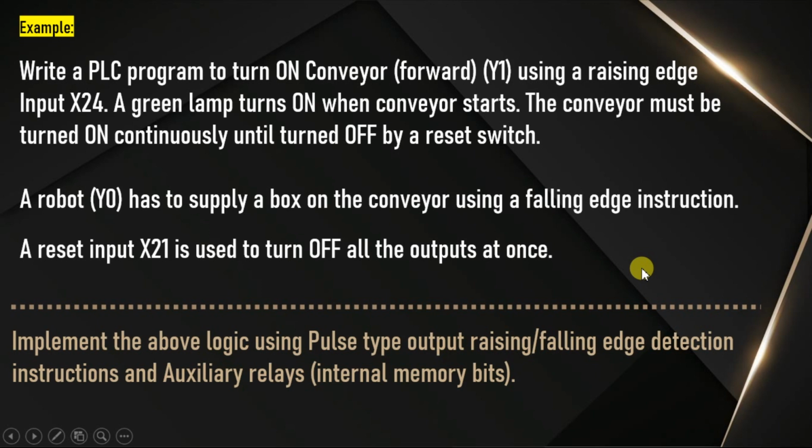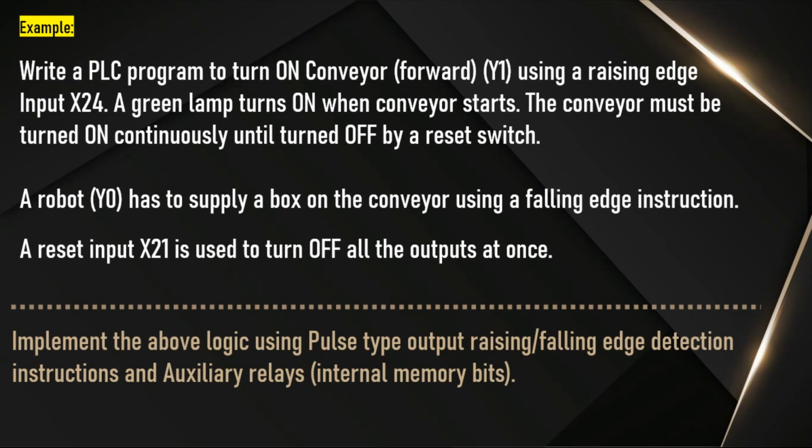In this video, we are going to discuss the same example program using pulse type output, rising and falling edge instructions. So what is the program? We have an input. That input has to activate the pulse type rising edge instruction, and it further activates the conveyor and a green lamp.